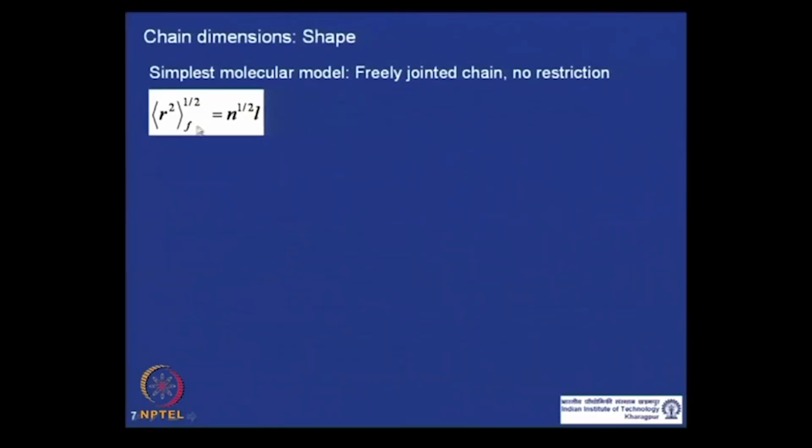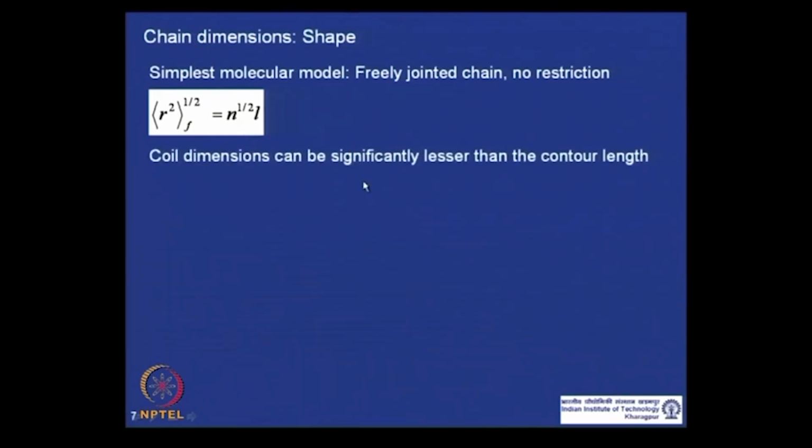We have now shown, using the Gaussian distribution function or random coil approach, that it has this relation, which means that coil dimensions will be significantly lesser than the contour lengths.